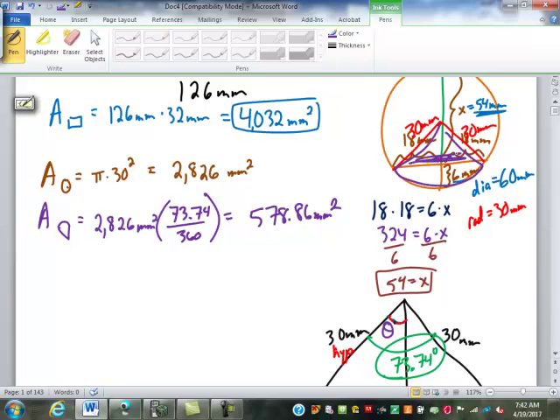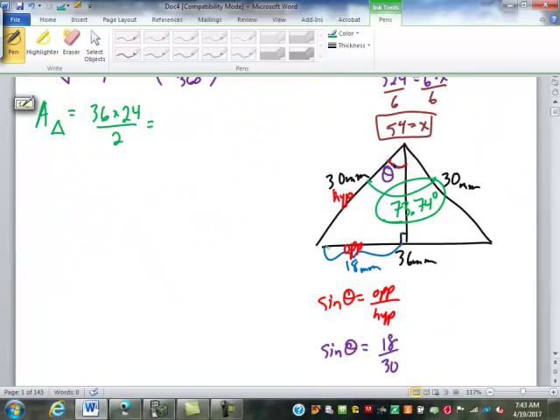To get the segment, now we've got to subtract out this triangle. And the area of that triangle is just going to be 36 is the base times 24 divided by 2. Where did 24 come from? Yeah, if the radius is 30, from here all the way out, and this piece is 6, 30 minus 6 means this is 24 here.